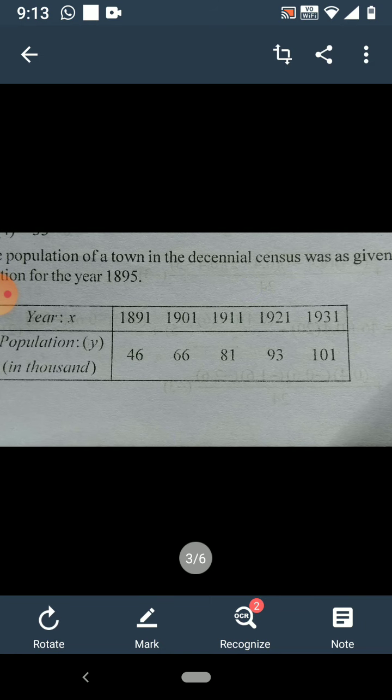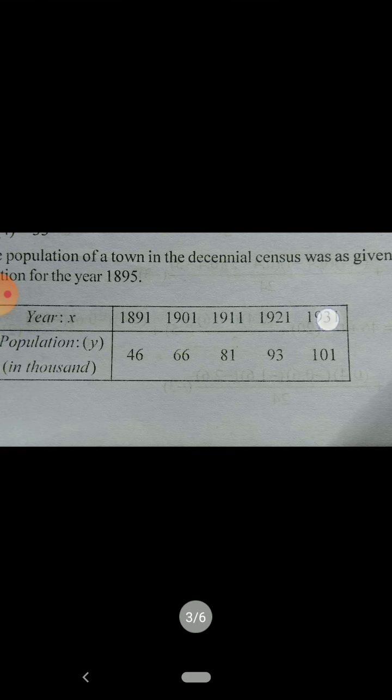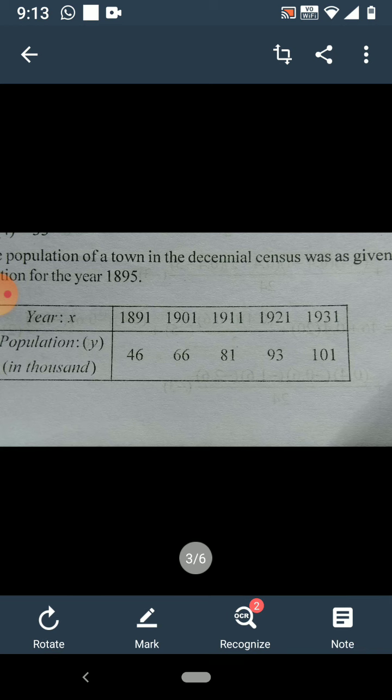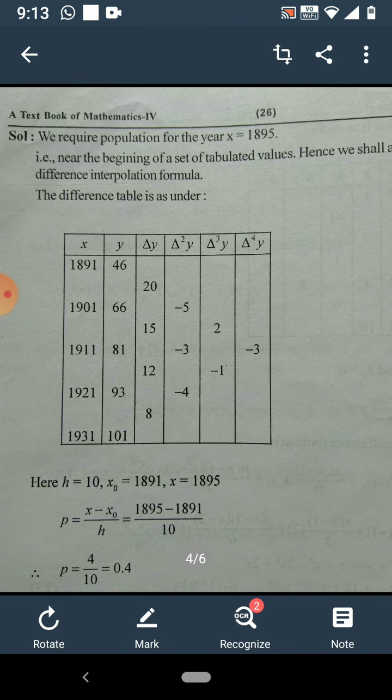To construct the forward difference table, we consider the values of x in the first column as 1891, 1901, 1911, 1921, 1931, and in the second column the values of y as 46, 66, 81, 93 and 101. Now we shall see this difference table.